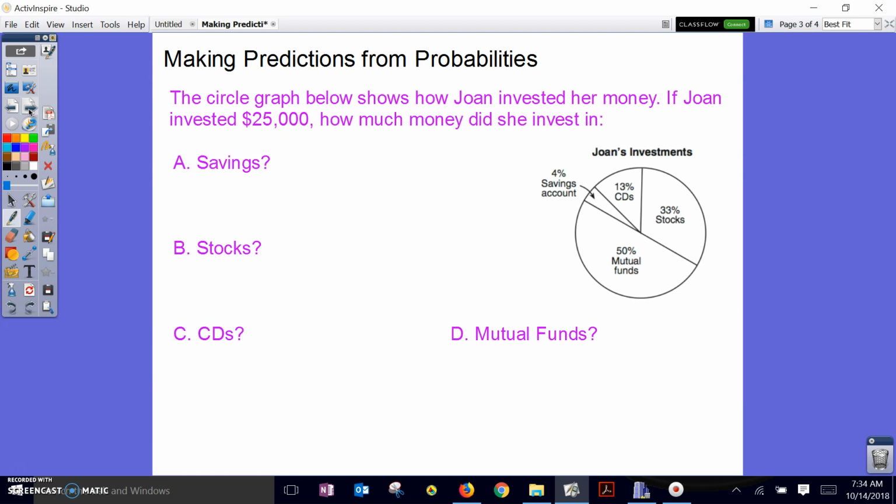And so if we want to find out how much money she invested in savings, we find the probability that she put it in savings is 4%. We want to convert that probability over to a decimal. So we slide the decimal point 2 places over to the left.